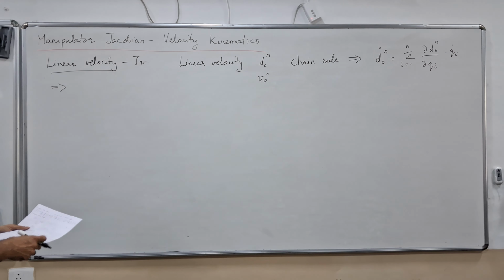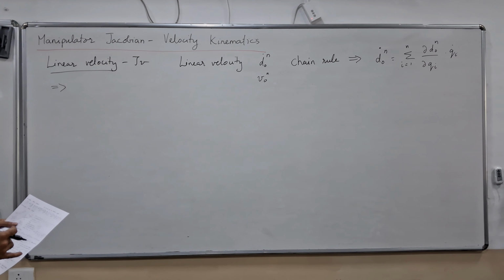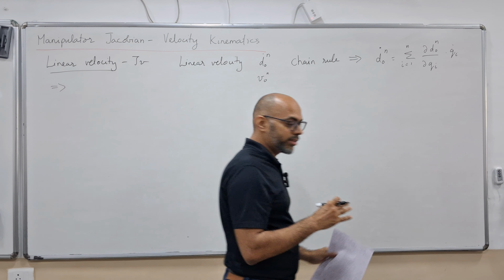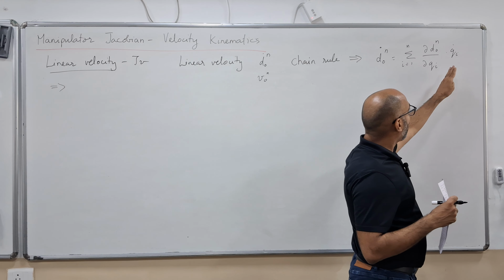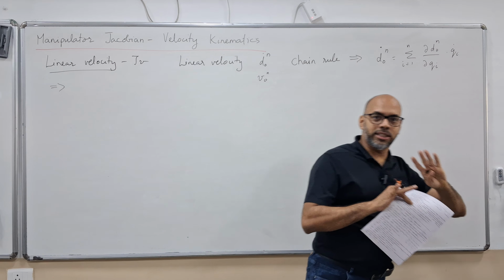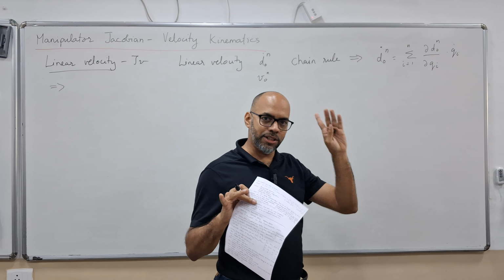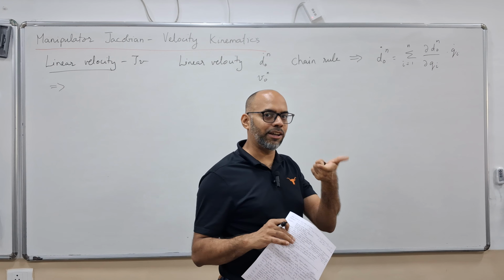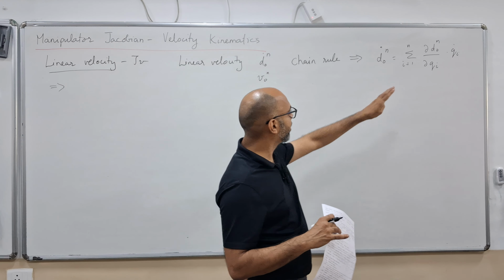That is nothing but the velocity of the end effector if all other joints were not moving and the joint of interest was moving at a unit angular velocity. So let me repeat that.